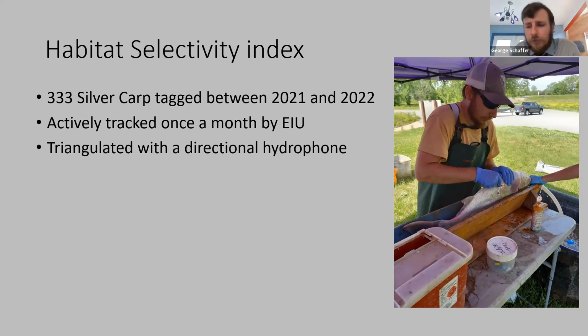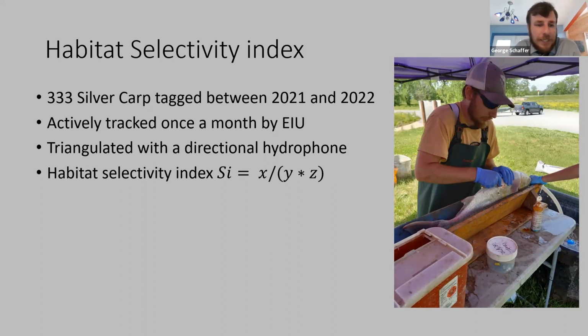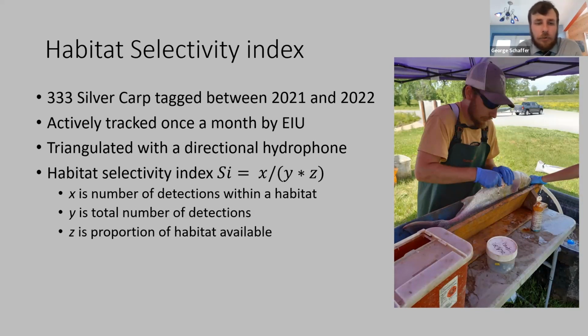And once the fish was located, a GPS point was taken to mark the location of that fish within the river. We then apply a habitat selectivity index, where selectivity index is equal to X divided by Y times Z, where X is the number of detections within the habitat type, Y is the total number of detections, and Z is the proportion of the habitat available.